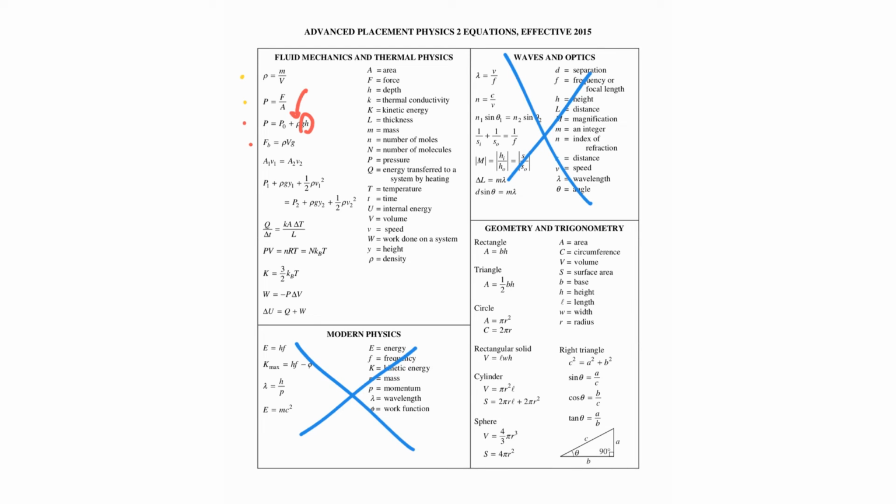The next equation that's listed is the equation for buoyant force. Buoyant force is equal to rho times V times G, where rho is the density of the fluid, not the density of the object, but the density of the fluid, and V is the volume of the fluid that is displaced. So sometimes objects float and sometimes they sink, and so there can be different amounts of fluid that is displaced.